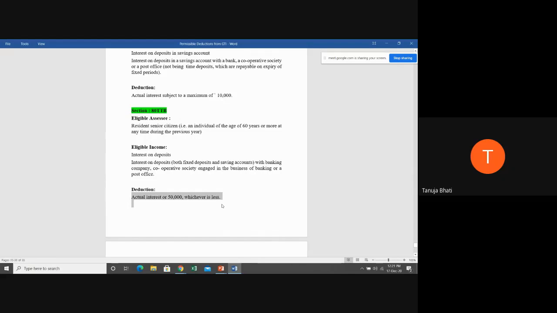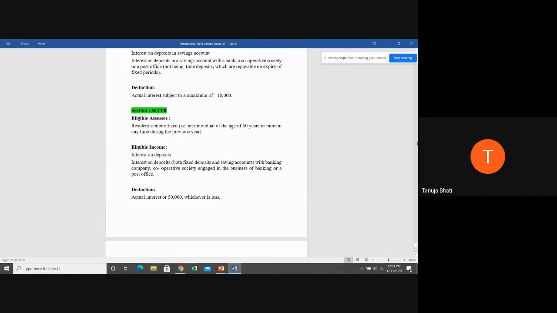Under section 80TTA it was actual interest or 10,000, whichever is less, and here the maximum is 50,000. So for senior citizens, on interest on savings and FD, you get a deduction up to a maximum of 50,000. So did everyone understand section 80TTB? Yes, ma'am.